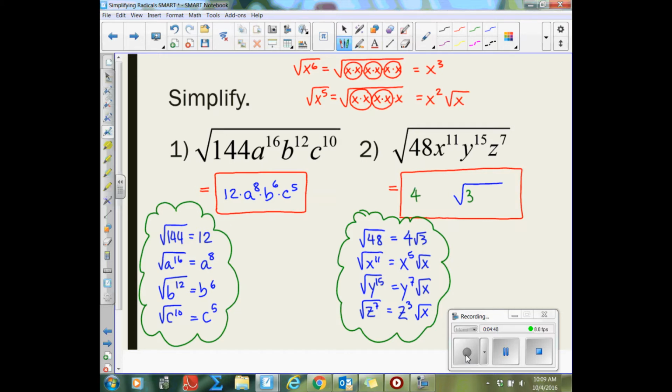X to the 5th, remainder x. Y to the 7th with a leftover y. Z cubed with a leftover z. I wrote that down wrong in my thought process. And that's our completed answer.